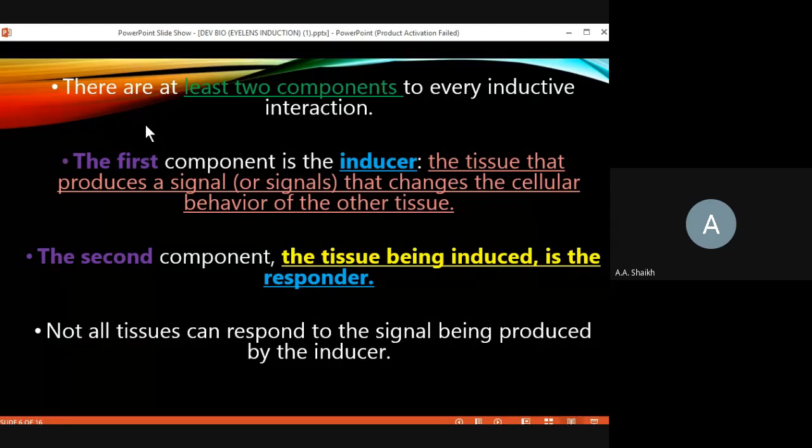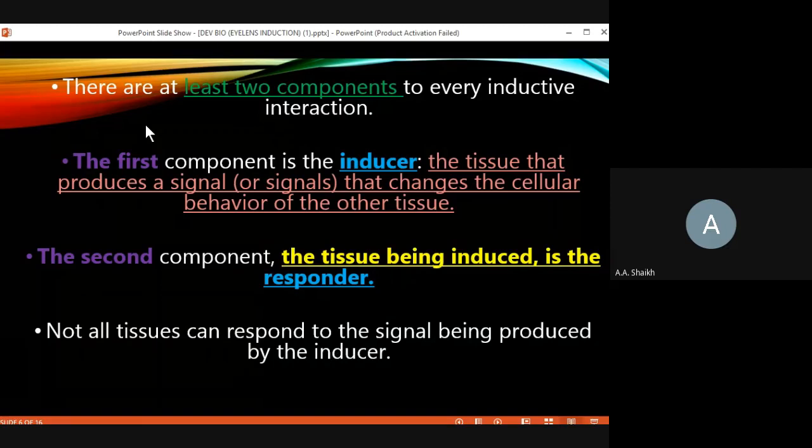Now, what are the different changes that can occur with the help of the inducer? There could be a change in fate: what the cell is going to become could be changed. The cell division capacity could change, and the shape of the cells could change.